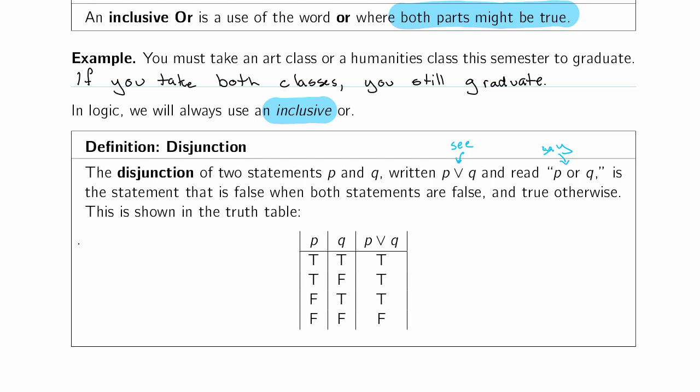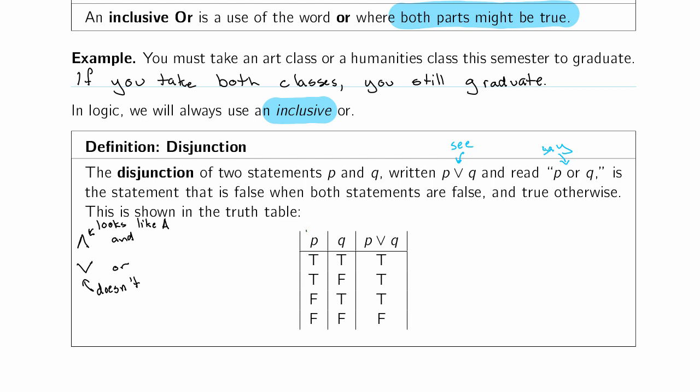Now, there's often some confusion between this symbol, which is and, and this symbol, which is or, right? They look the same, they're the other way up. There's a relationship between them, right? They're kind of the same thing but upside down. And the way to remember this is that this one looks like the letter A, and this one doesn't. So and is the one that looks like an A, or is the one that doesn't look like an A.